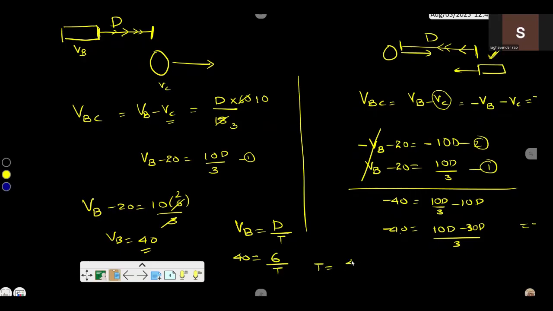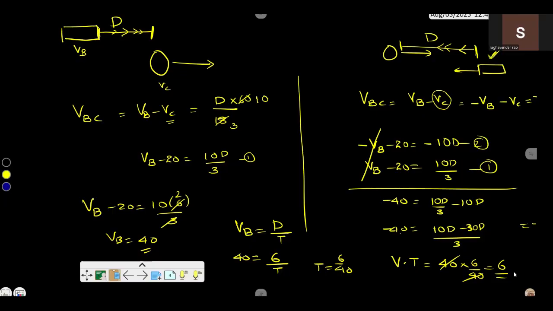In the question he has asked for velocity into time. Velocity is 40 into, sorry, time is equal to 6 by 40. I'm sorry here. Time would be 6 by 40, and into 6 by 40, that both will get cancelled. You are going to get 6 as the answer for this question.